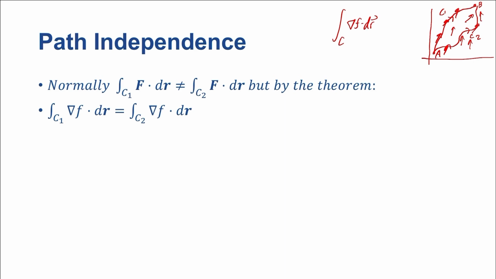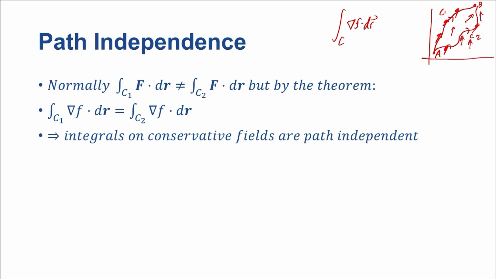No matter what path I take, it'll be the same. So I will do the same work no matter what path I take if I'm taking the integral over a gradient, if the fundamental theorem of line integrals applies. I think we covered this a couple of videos ago. If there is a potential function such that the gradient of that is equal to some vector field, so the force is derivable from a potential, then I have a conservative vector field.